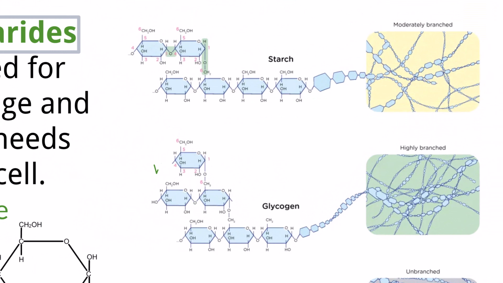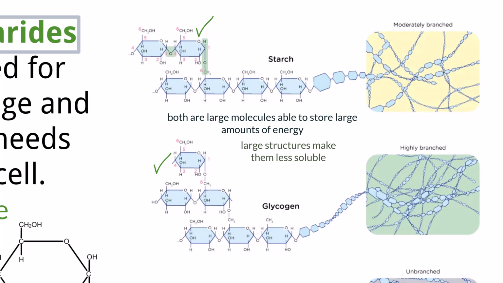Both glycogen and amylopectin are very large molecules that can store large amounts of energy in plants and animals, respectively. Their large structures make them less soluble in water compared to single monosaccharides, which is good for being kept as storage. But when the time comes, hydrolysis can break glucose molecules off of the chain, which can be moved to cells where energy is needed, which was the point of storing it in the first place.